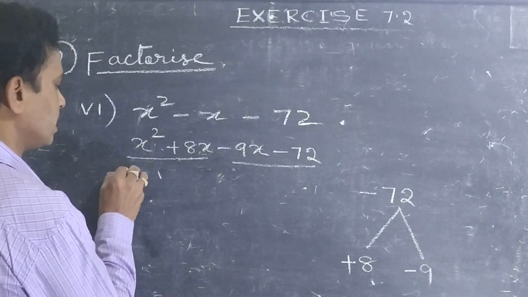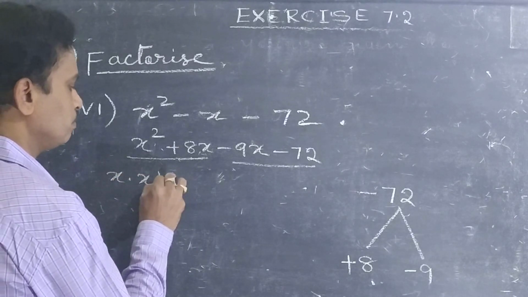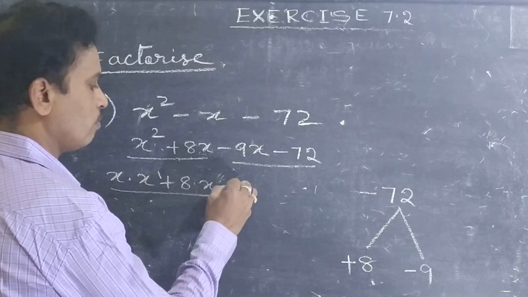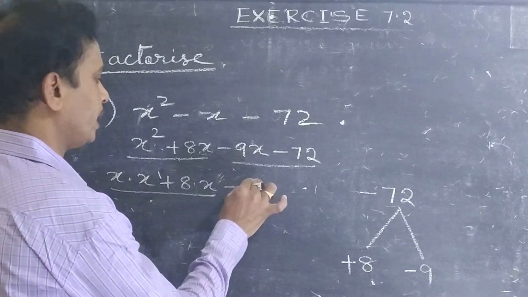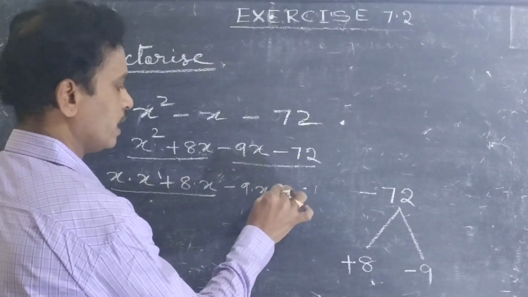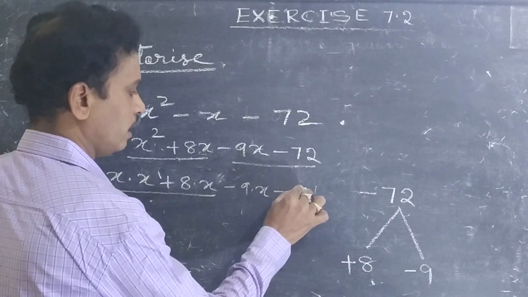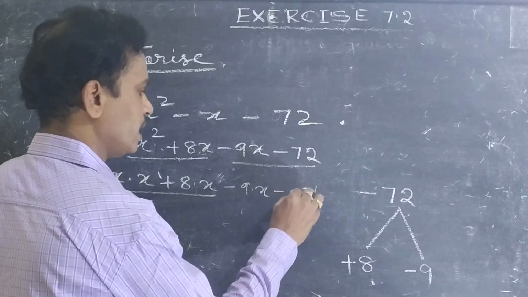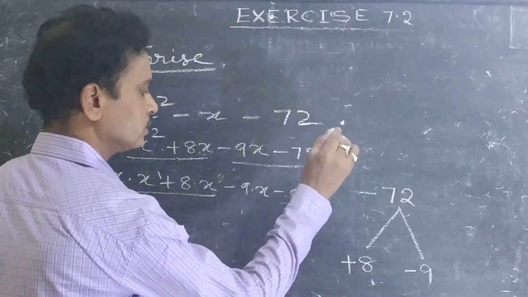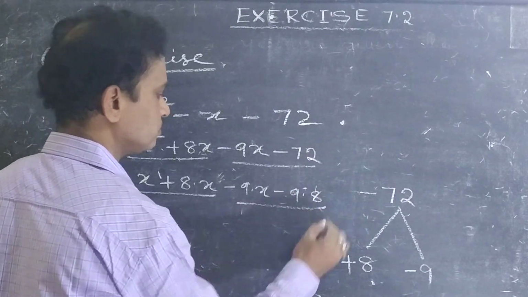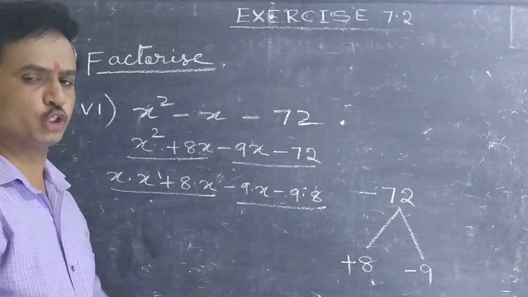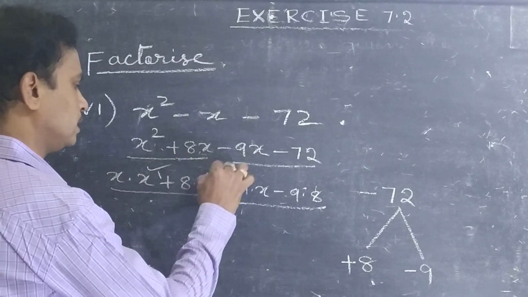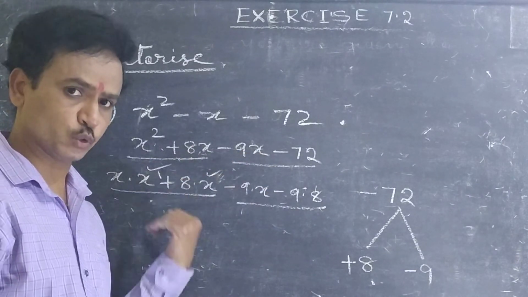X square can be written as x into x, then plus 8 into x, then minus 9 into x, then minus 9 8s, 72. You can take it any way.